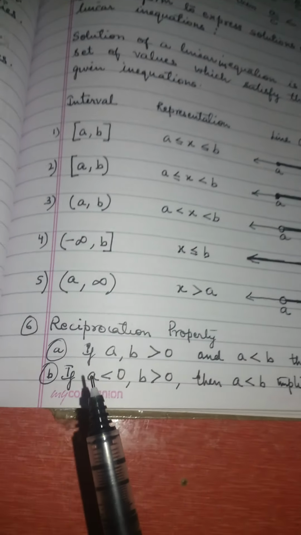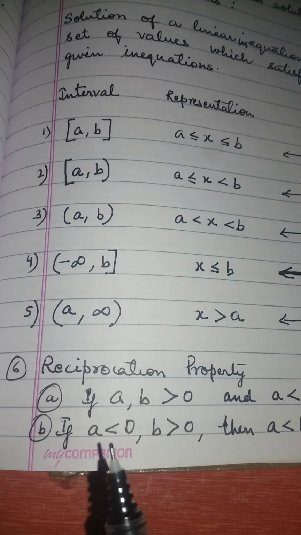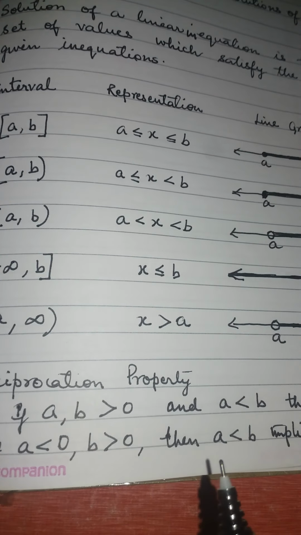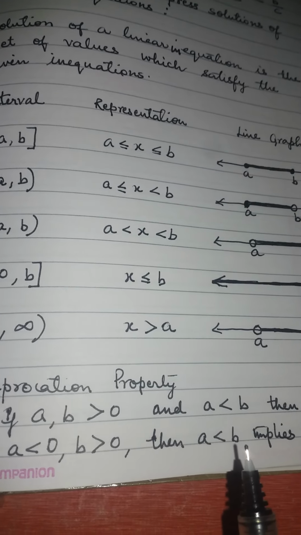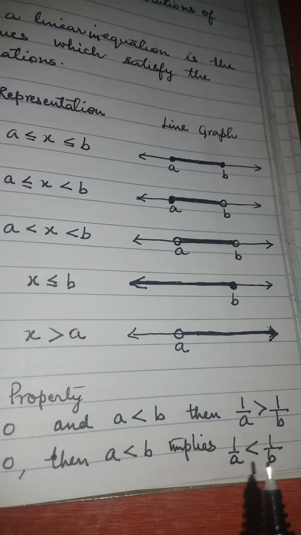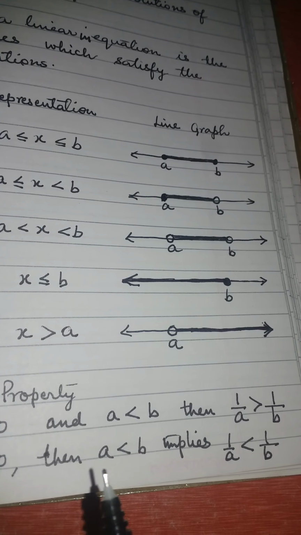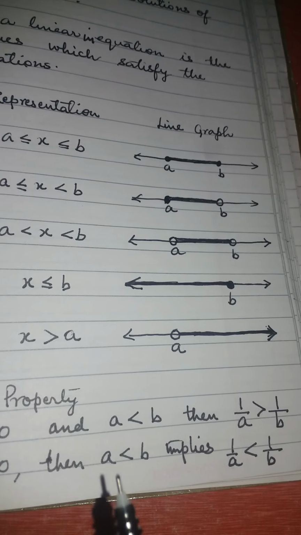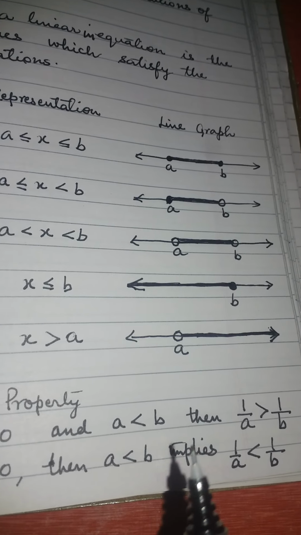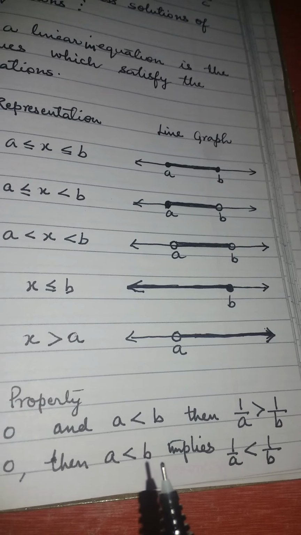Right, now next: if a is negative and b is positive, meaning one is negative and one is positive. In that case a less than b implies 1 by a will also be less than 1 by b. Meaning a is negative, b is positive, so when you reciprocate, it will be minus 1 by a, the reciprocal of a negative number, and 1 upon b, the reciprocal of a positive number.